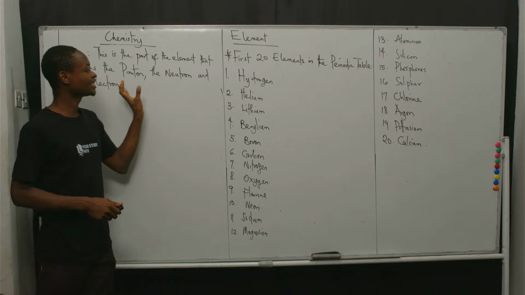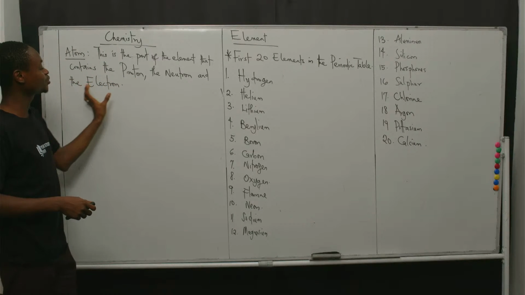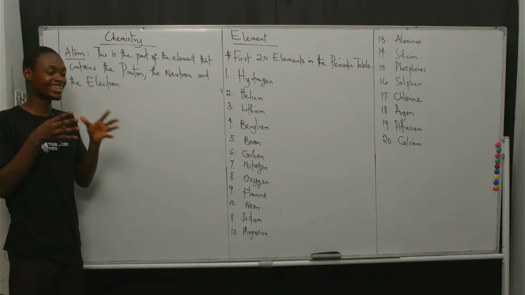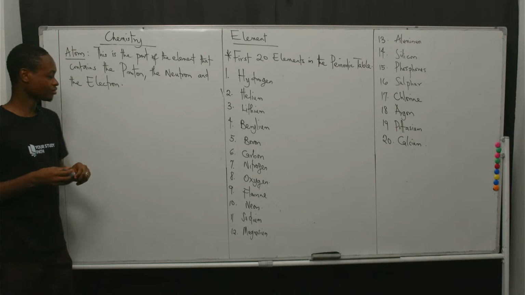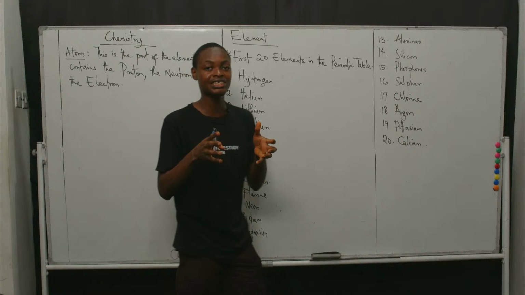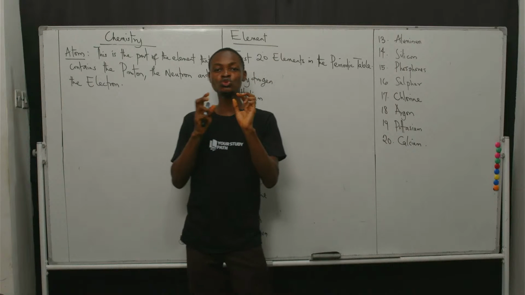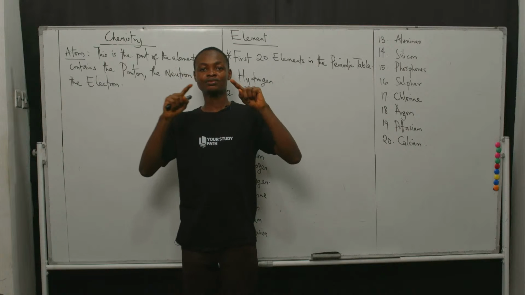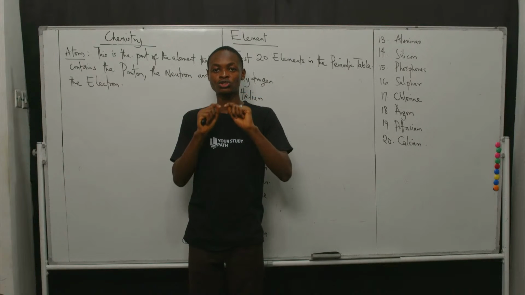Now, how exactly are this proton, neutron, and electron positioned within the atom? It is positioned in such a way that it splits the atom into two categories: the circumference and the nucleus of the atom.